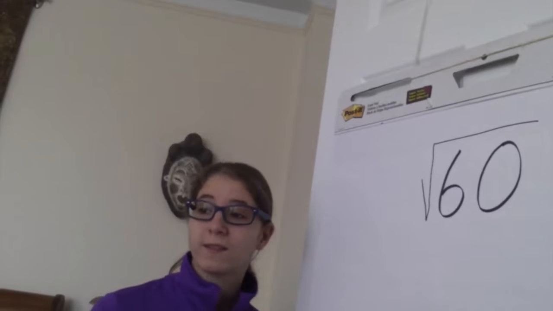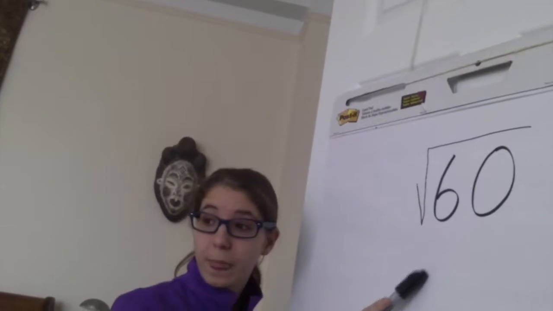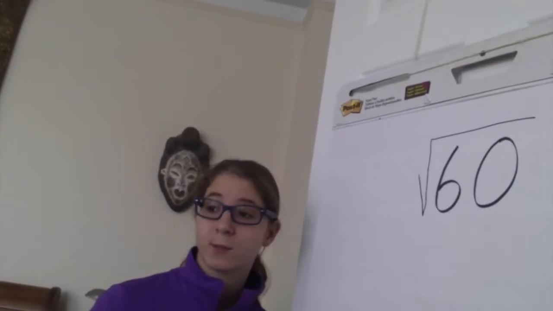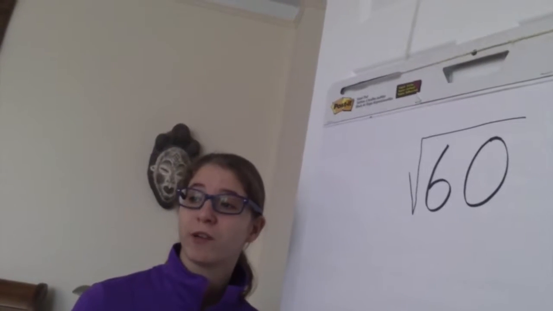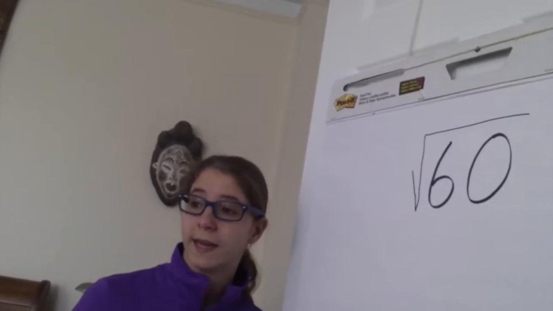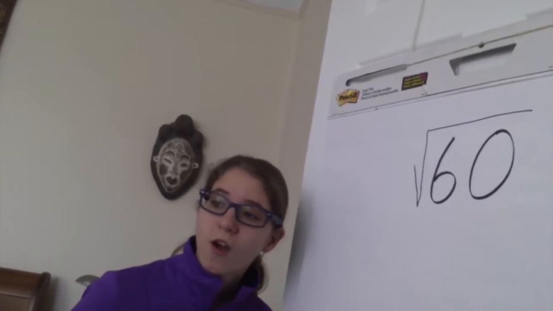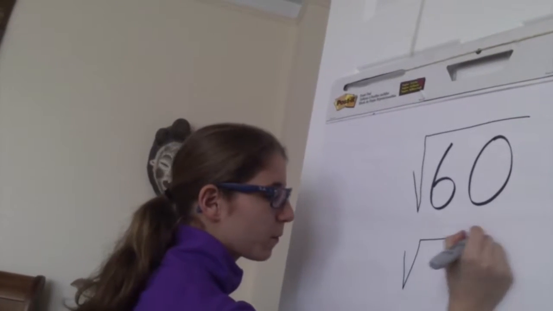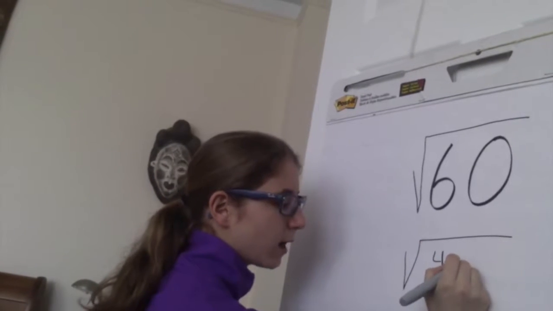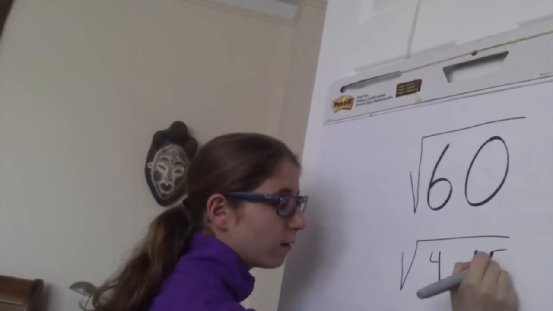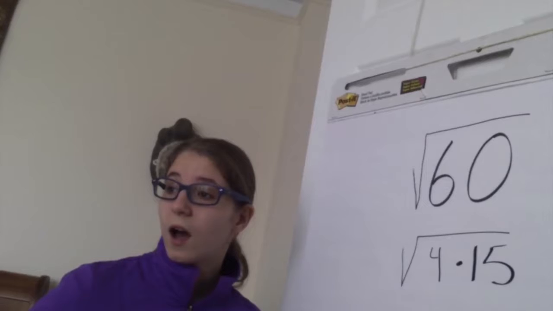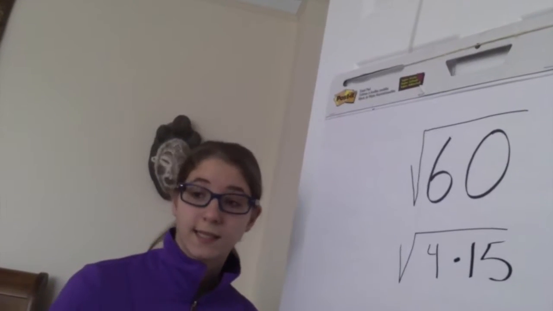Let's begin. For our first problem, we have to find the square root of 60. In order to simplify this radical, you have to find the largest perfect square that will divide into 60. In this case, 4 is the largest perfect square. 4 times 15 equals 60.